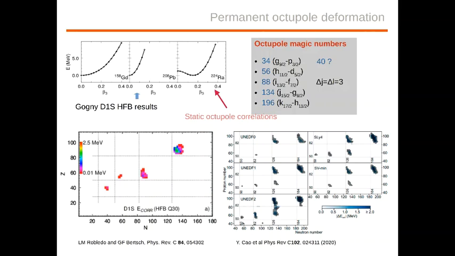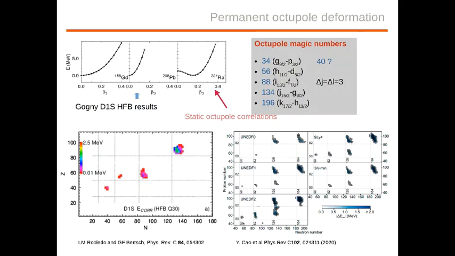If you study this kind of plot for all the nuclei in the nuclear chart, you get this diagram here that is telling you the energy gain by letting octupole deformation be different from zero at the mean field level. And you see that the number of nuclei where octupole deformation is really relevant, and is giving you some amount of energy that is in fact very small compared to the energy scales of nuclear structure, is just some specific isotopes around the radium region.